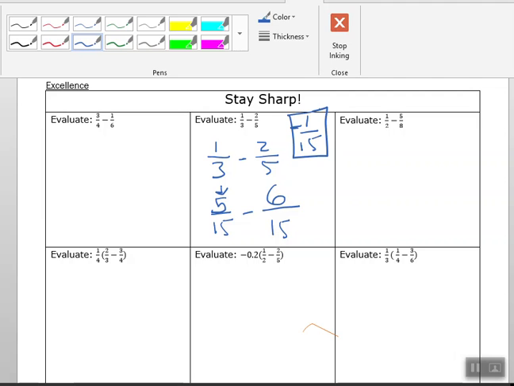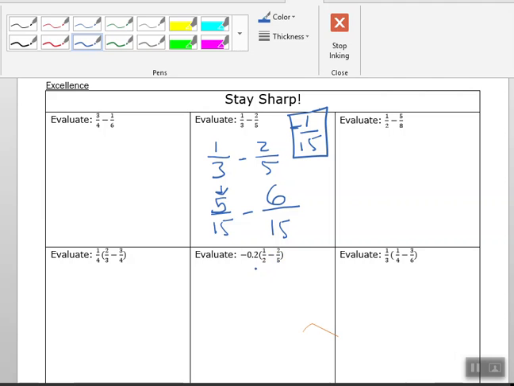Take 10 seconds to fix that if you haven't already. And I'm going to take a look at the middle problem here as well. Okay, so here, this is where I need to make my decision about whether or not I want to work with fractions or decimals. So here I have negative 0.2, which would be 1/5 if I changed it to a fraction, times 1/2 minus 2/5.